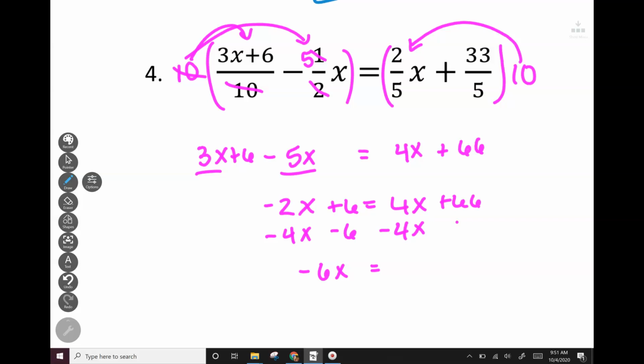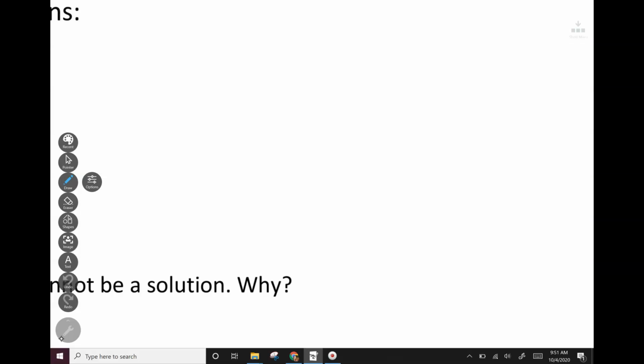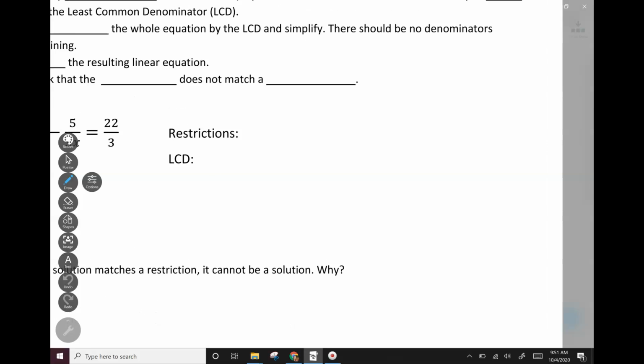And subtracting this 6. Now we can divide by -6 to get x equals -10. All right, next page.